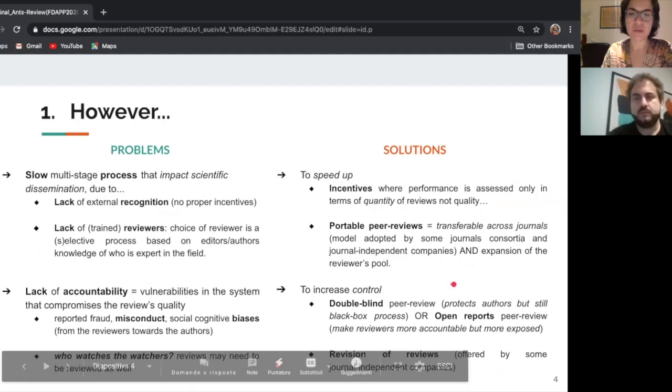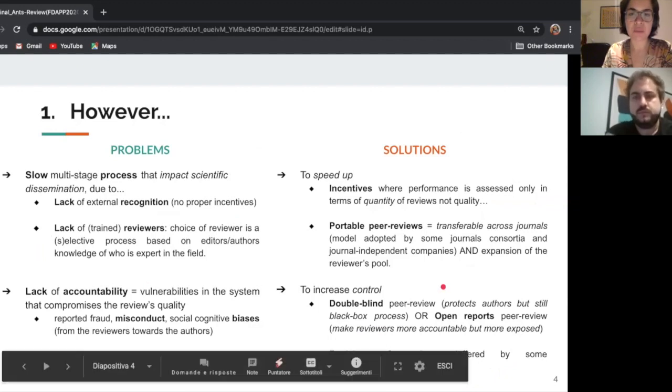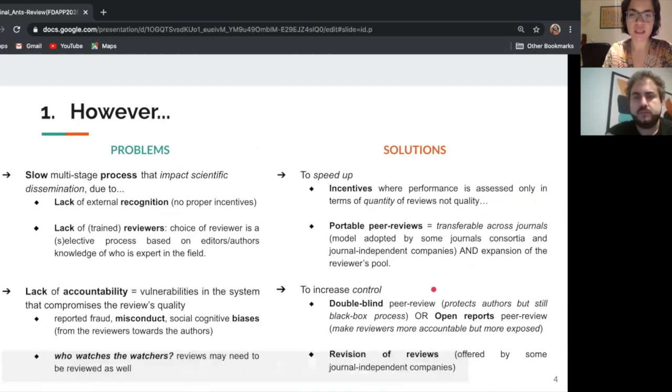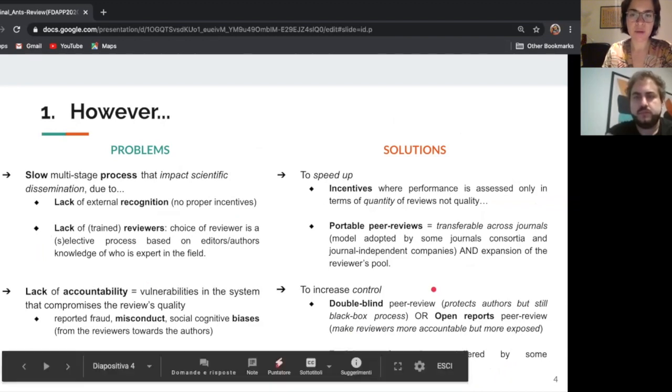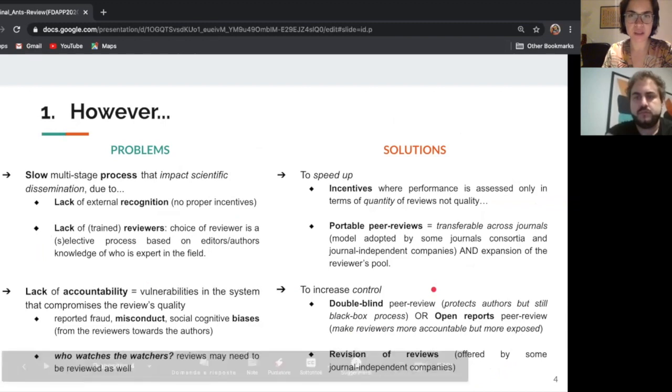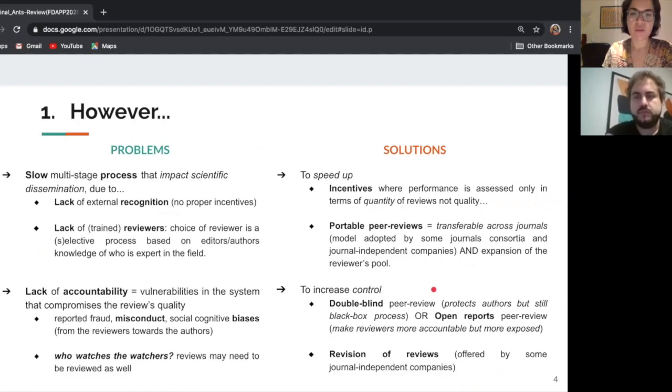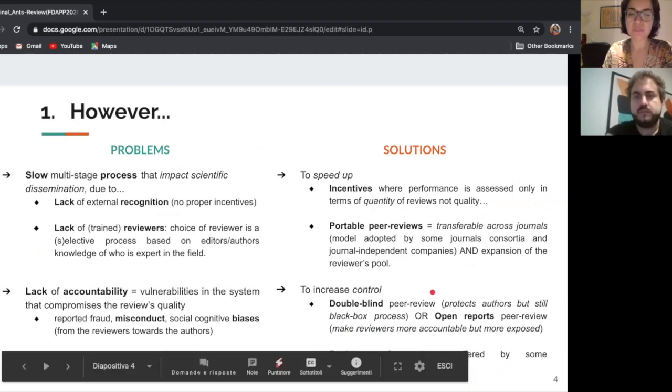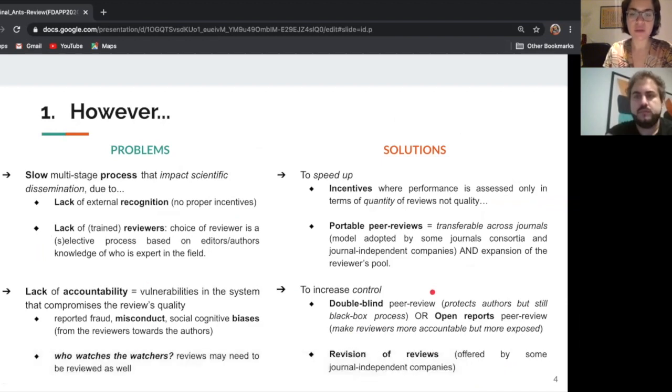Two peer review systems have been recently adopted: the double-blind peer review that protects the author's identity, but it still doesn't solve the problem of the black box process of peer review, which is not accessible to the scientific community, and open reports, which make reviewers more accountable because we know their identity and they have to sign the reviews, but also more exposed to forms of retaliation.